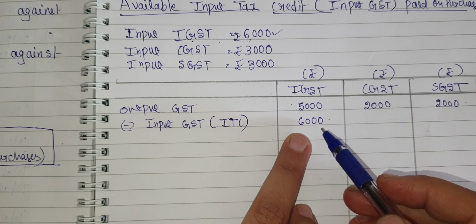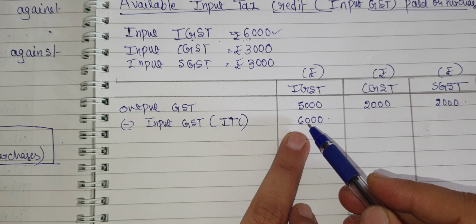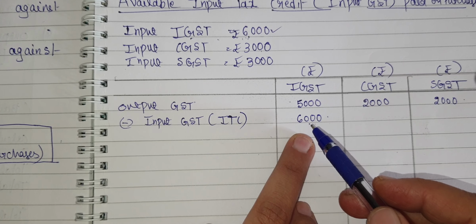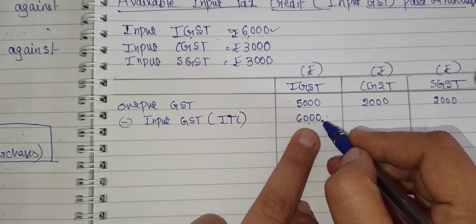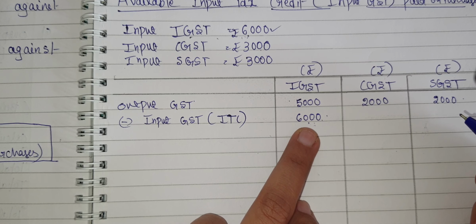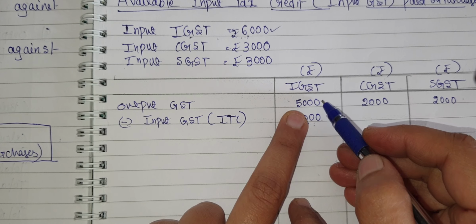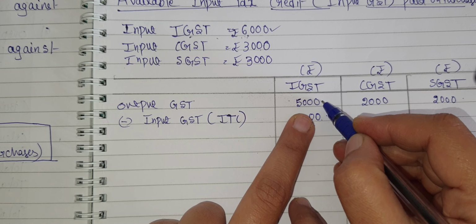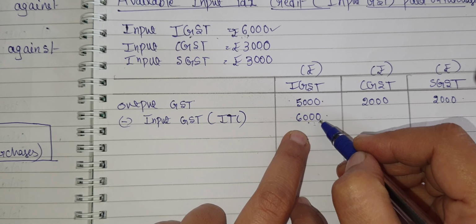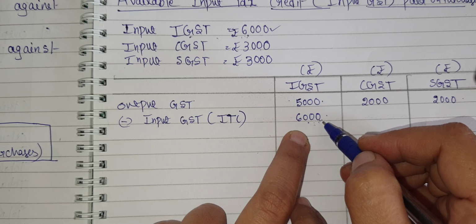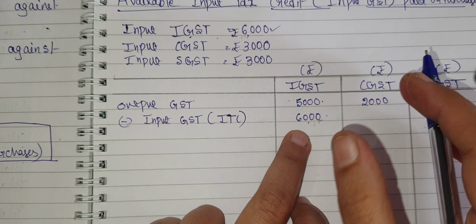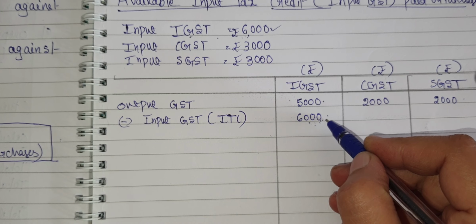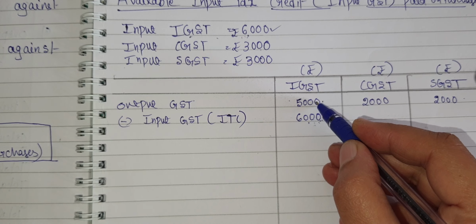It means you have already paid rupees 6000 on purchases. But when you are making the sale of goods and services to the customers, you have collected the tax that is rupees 5000. But you have already paid rupees 6000 tax. Okay, now you need not pay any tax to the government. Why? Because you have already paid rupees 6000, that is more than rupees 5000.